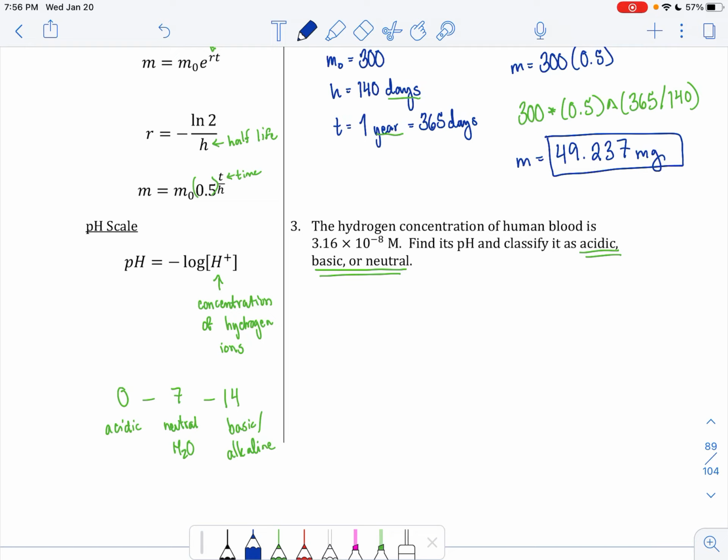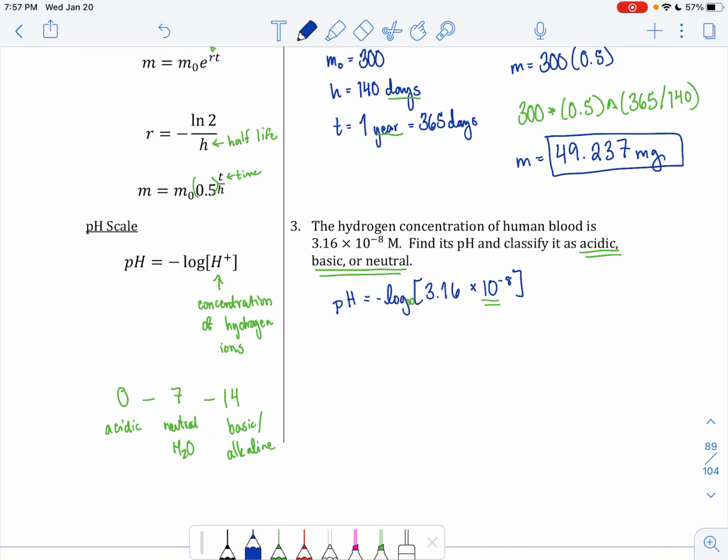So the first thing that you want to do is just plug that into your formula. If it's pH, you can use the formula I've given right here. If it's going to be one of the other log problems, just use the formulas from the textbook. So in this case, pH is equal to negative log of 3.16 times 10 to the negative 8. And in this case, you could plug it straight into a calculator. Nice thing you'll notice here is that it's the general log, which is already base 10, and we have a base 10 number here.